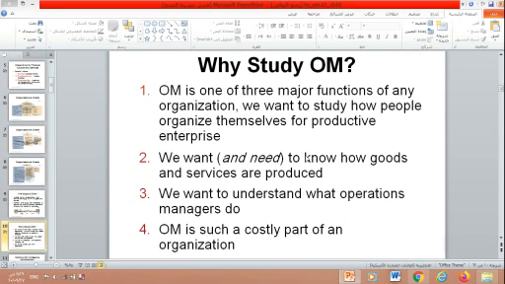As you know, a large percentage of revenues of most firms is spent on the operations management function, so operations management provides a major opportunity for an organization to improve its profitability and enhance its service for society.